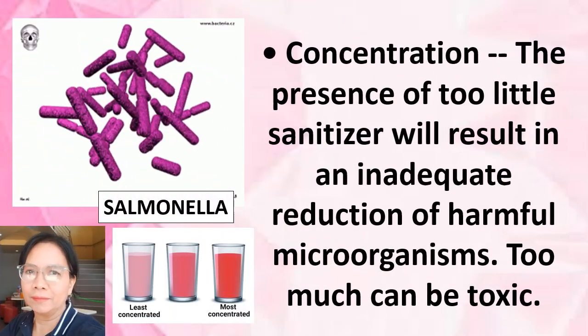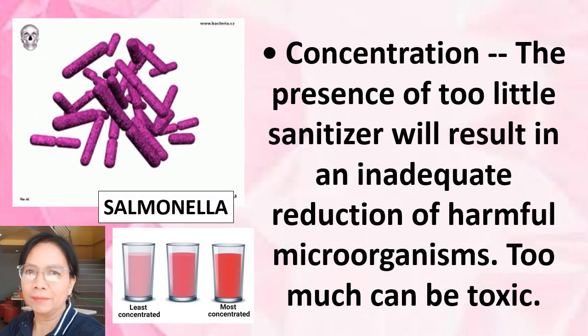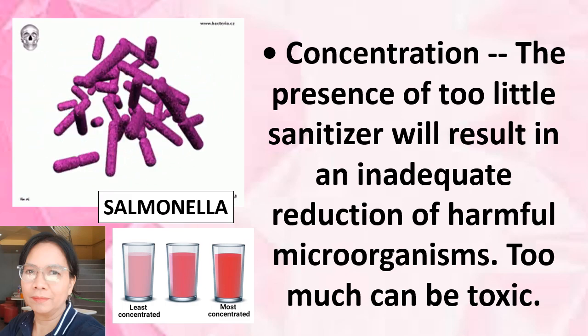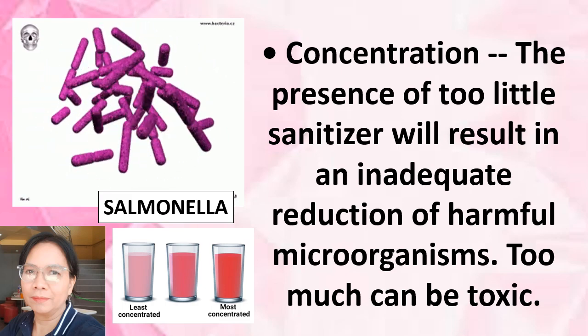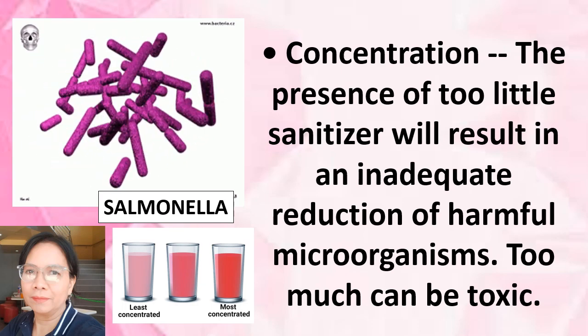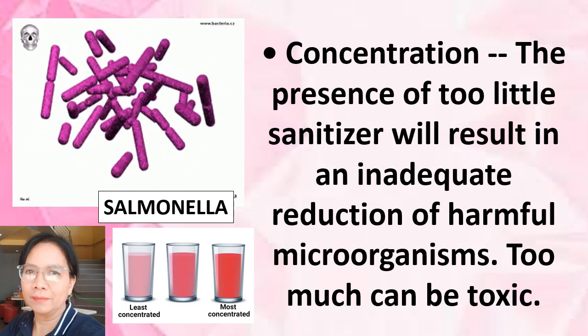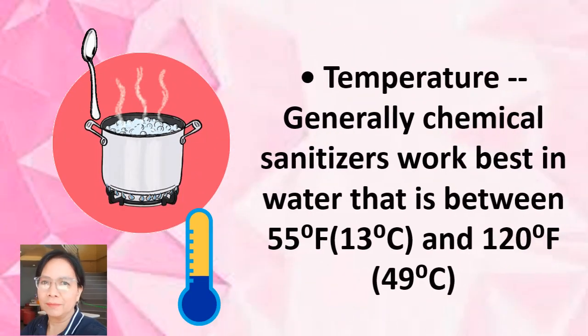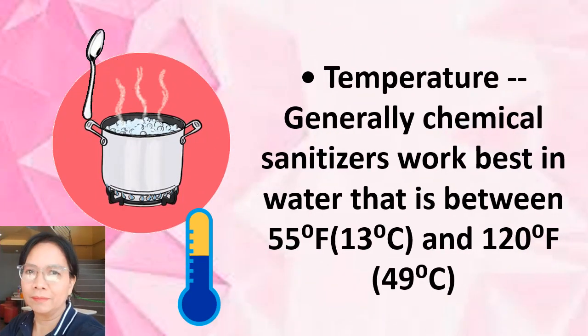The first to consider when using chemical sanitizer is concentration. The presence of too little sanitizer will result in an inadequate reduction of harmful microorganisms, while too much can be toxic. The second to consider is temperature.